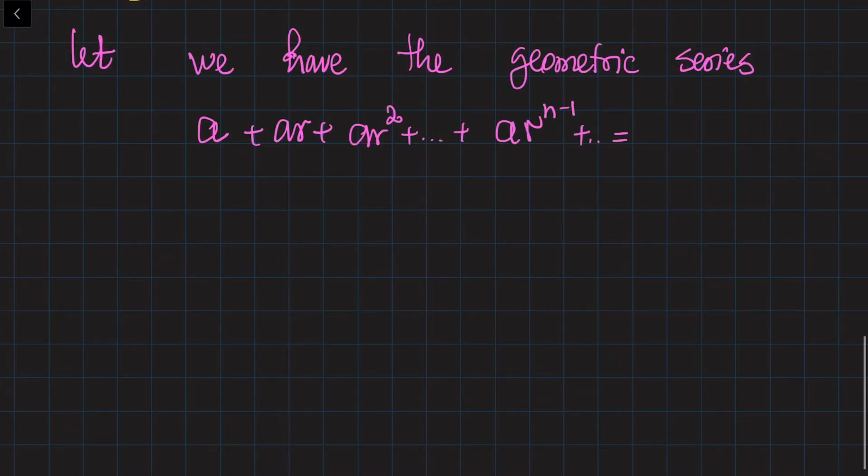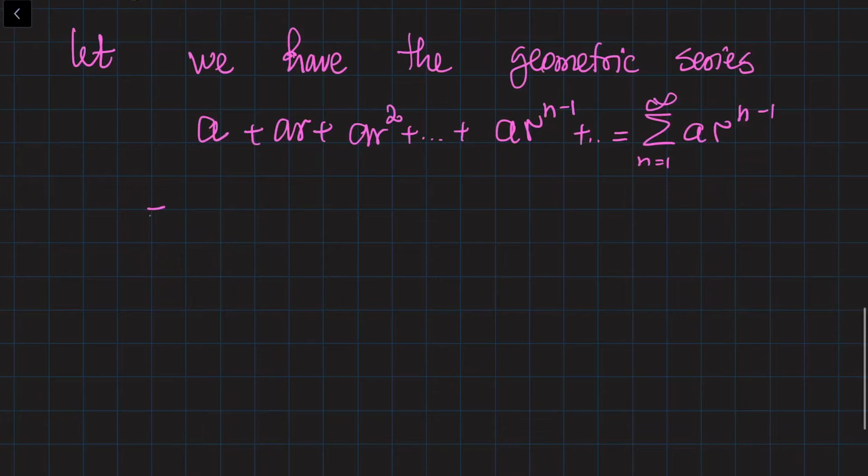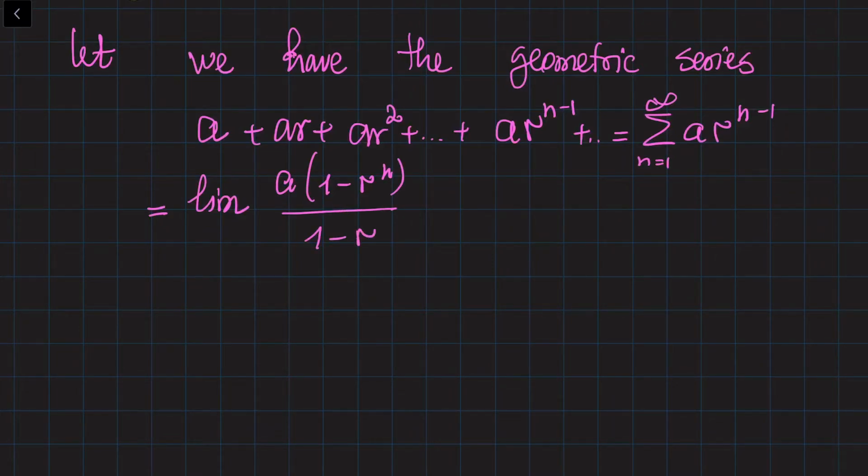In compact form, we can write this as the sum of a times r to the power of n minus 1, n goes from 1 to infinity. So this is actually equal to the limit of a times 1 minus r to the power of n divided by 1 minus r when n goes to infinity.